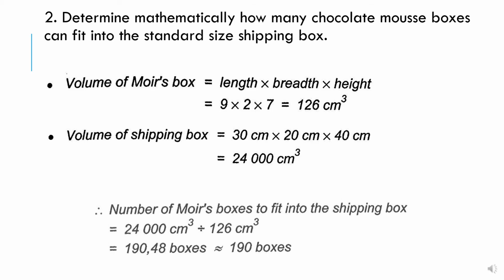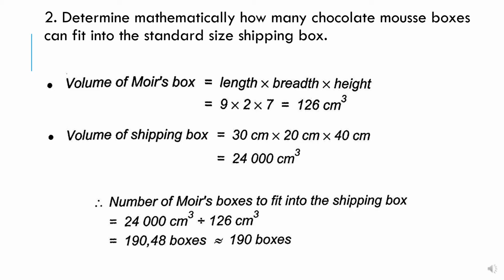We get that by dividing the volume of the packaging, in this case the shipping box, by the volume of the product, in this case the mousse box, and you'll see we can fit 190.48 boxes into this shipping box, and they've rounded it down to 190 boxes to the nearest whole number.